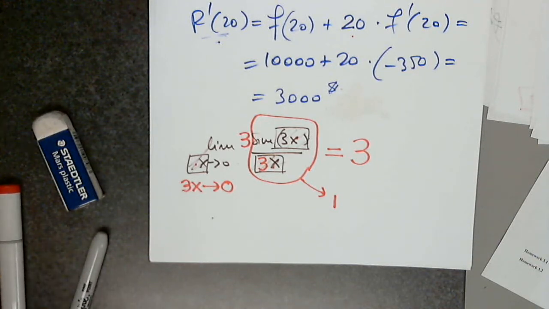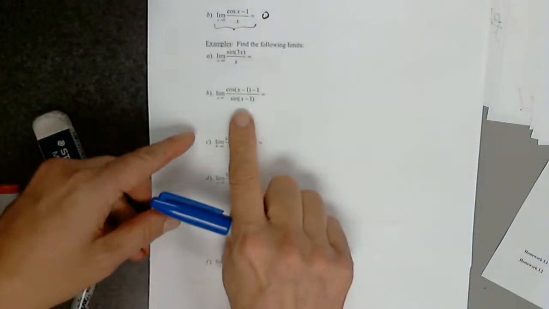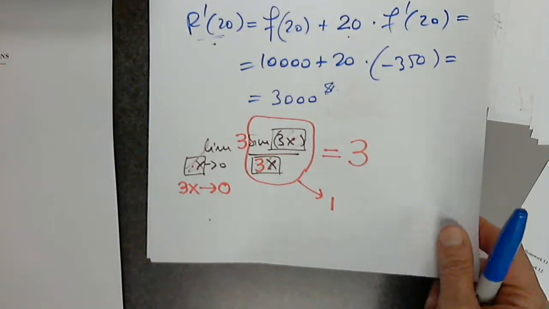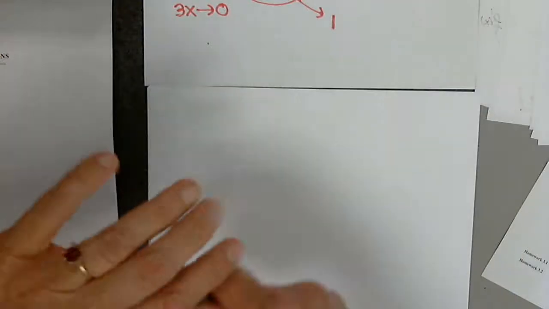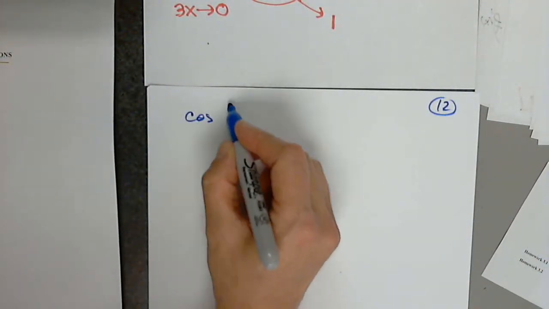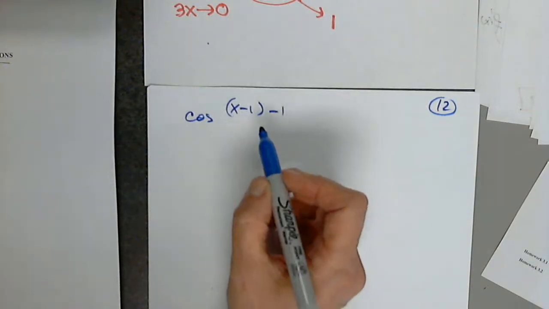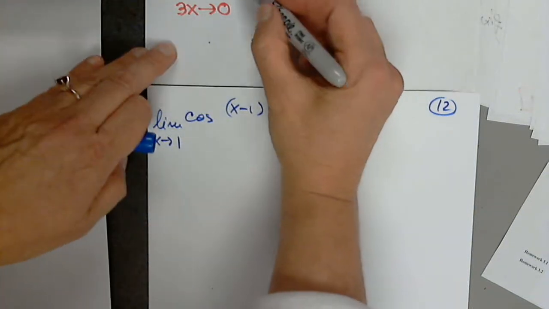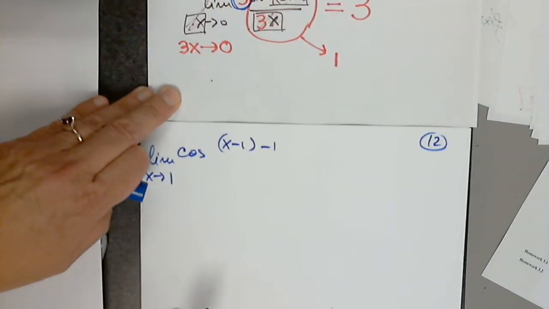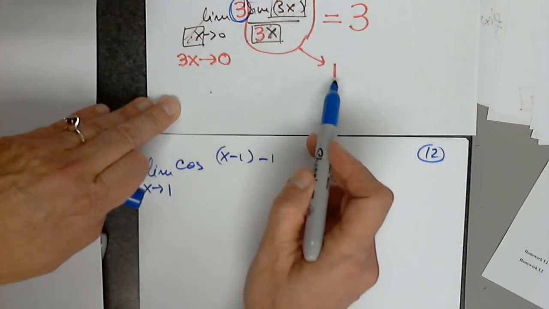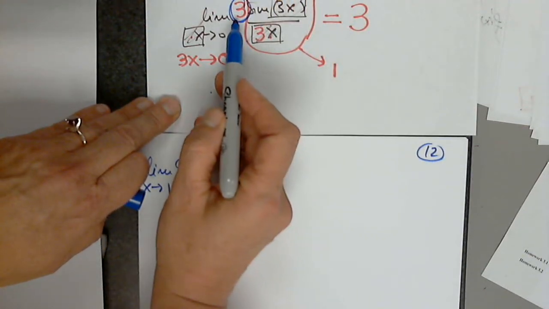Any questions on this problem? Okay, next one. Cosine. Yes, Nestor, go ahead. Any questions? So I have cosine x minus 1 minus 1. Yes, Tony? Can you just explain how it was 3 and not 1? See, I only included this to approach 1, but I have a 3 in front.